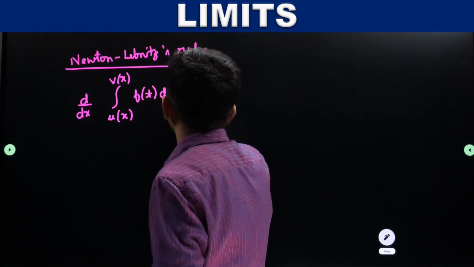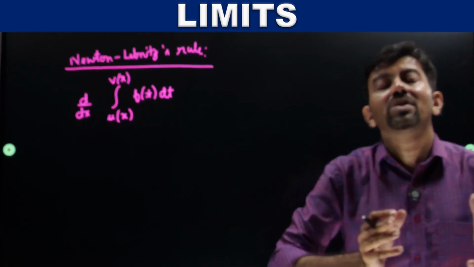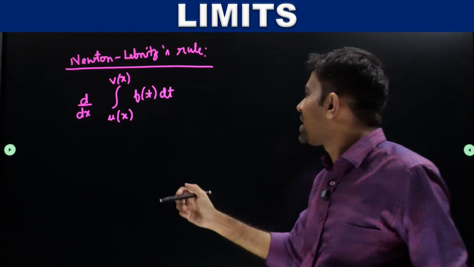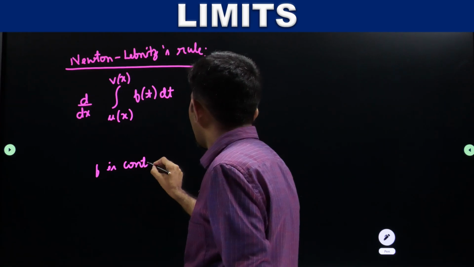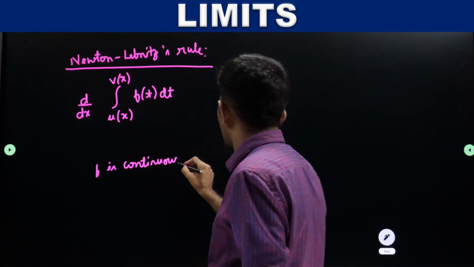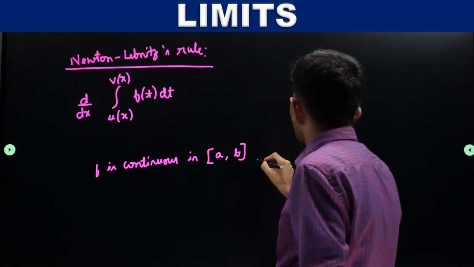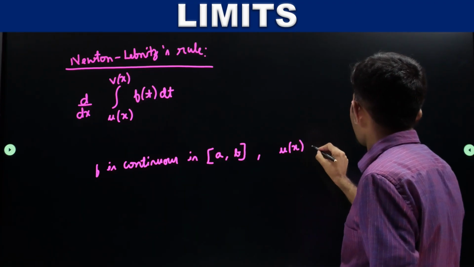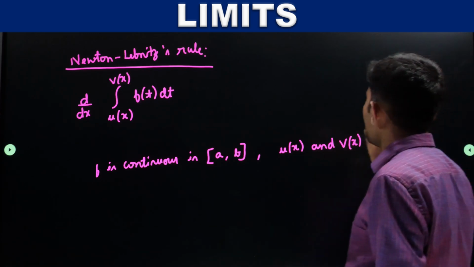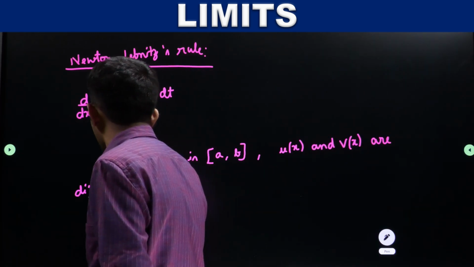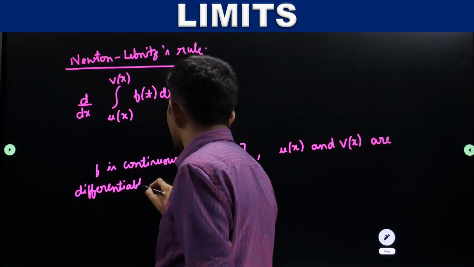Here f is a continuous function in the closed interval [a, b], and u of x and v of x are differentiable functions whose values lie in the interval [a, b].